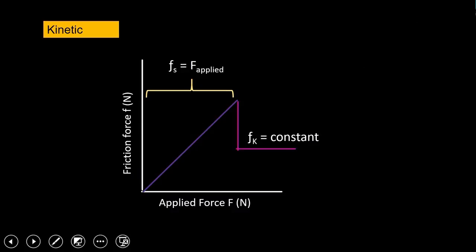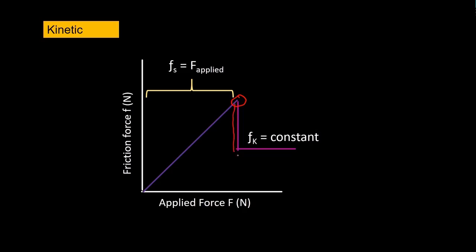So if we look at our graph, what's happening here? Well, we see that we've reached the maximum. We showed that in our last one. We've reached our maximum, and then all of a sudden that car is moving, and it's moving much more easily. So there is a drop in friction to the kinetic friction. That's the drop down here, this purple line.